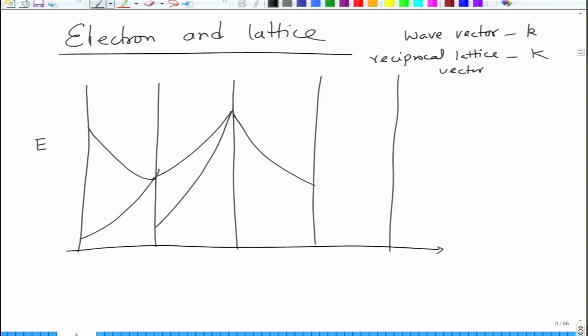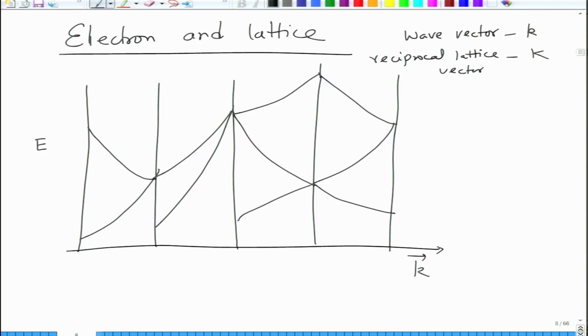So, I am not drawing any particular diagram, but this is how the lines you will observe. Now these are the lines which are energy versus, let us say, K. Okay. Now as long as these lines are connected to each other and they are continuous, suppose you have an electron here, when it moves, it always finds a continuity in the energy space.